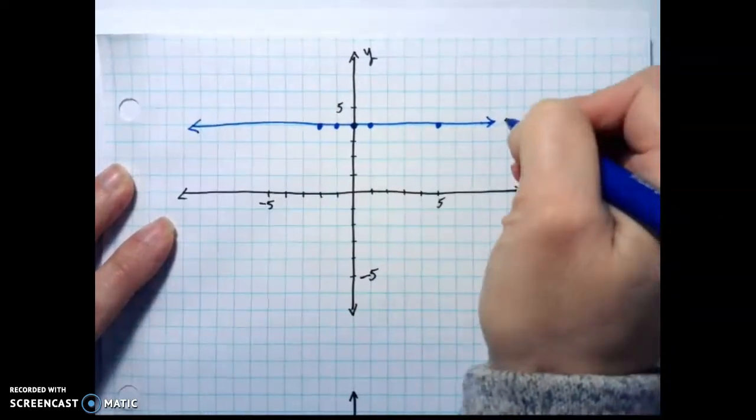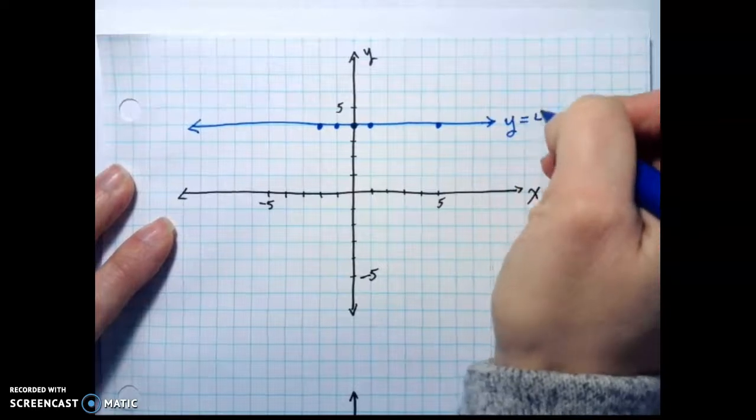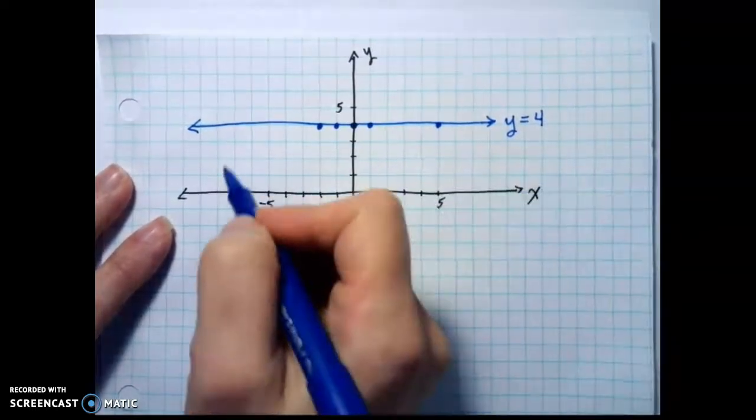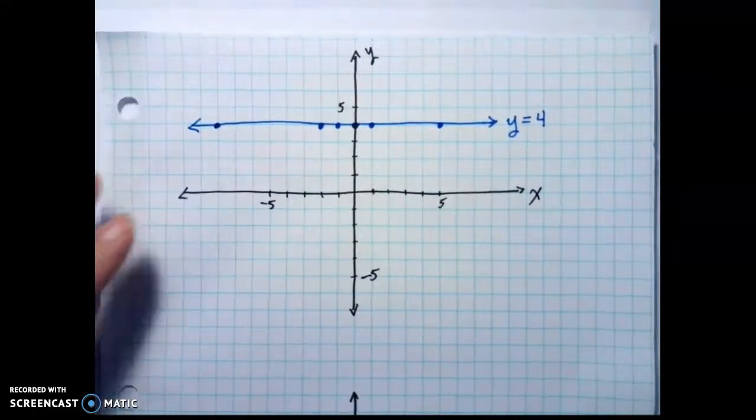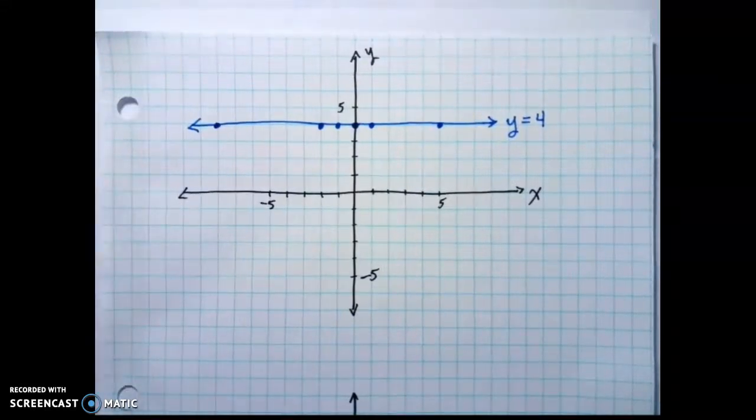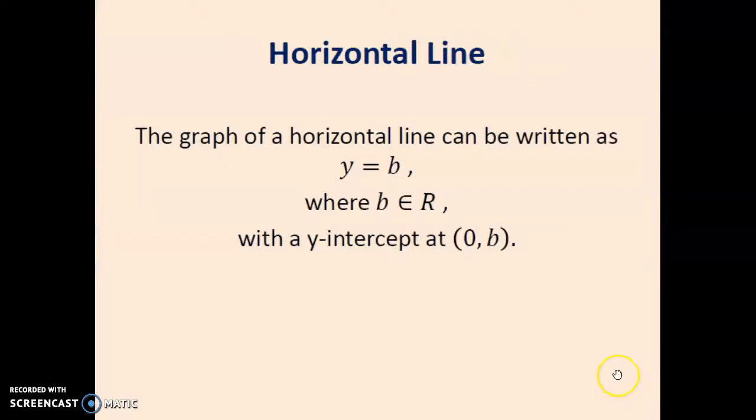And this horizontal line represents the solution set y equals 4. So any point on this line, no matter what point I choose, has a y coordinate of 4. So because the y value is always the same, we'll always get a horizontal line.